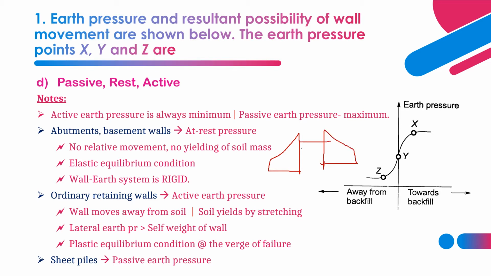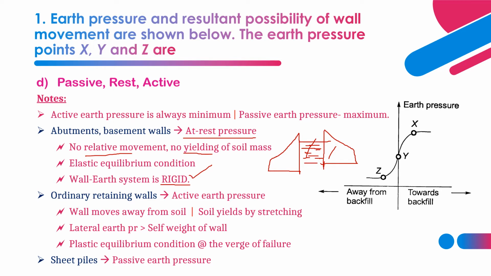In between that we can expect a backfill or soil fill, and the movement between this and this will be zero. So there will be no relative movement. That means the pressure is called at rest earth pressure. The condition is elastic equilibrium, and the wall earth system is considered to be rigid because there is no yielding.